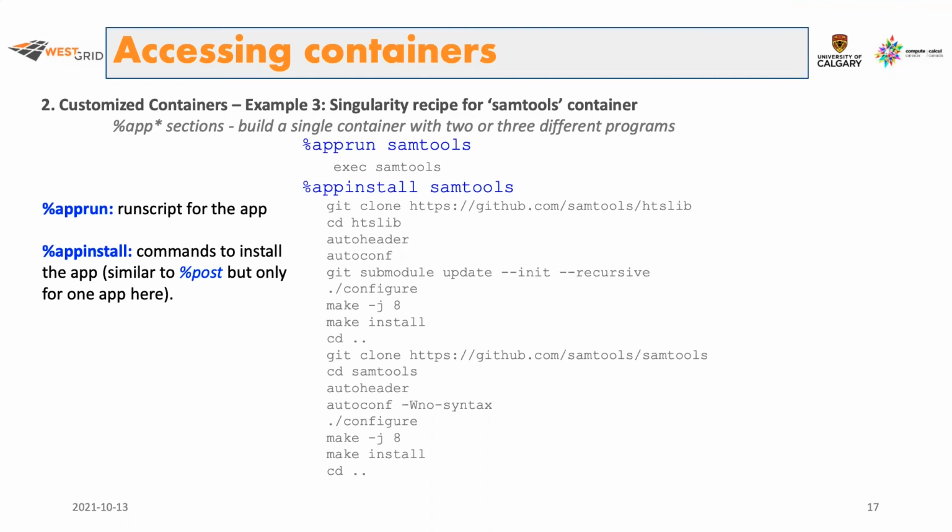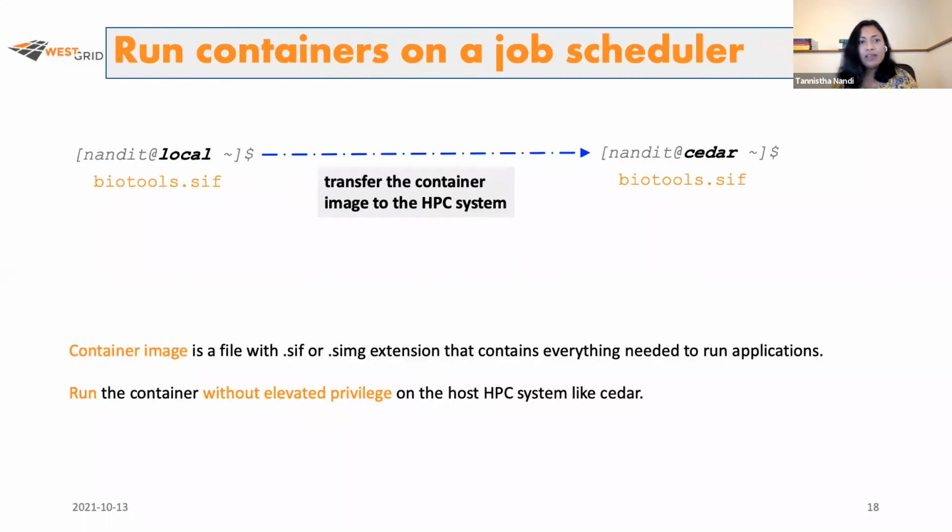So with this recipe file, if you again sudo singularity build, you will have an image with SAM tools in it, right? So exactly what the last question was. Now, when you build that image in your local machine, you will generate this image, let's say biotools.sif.